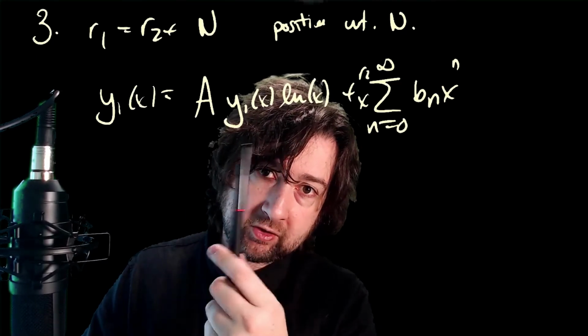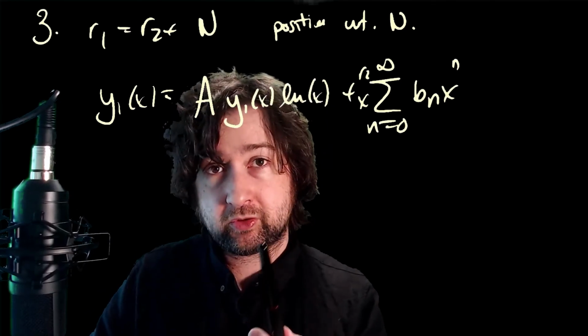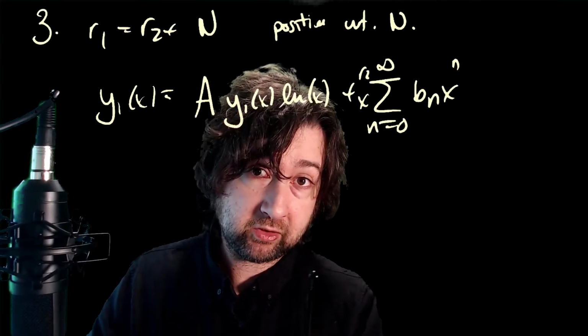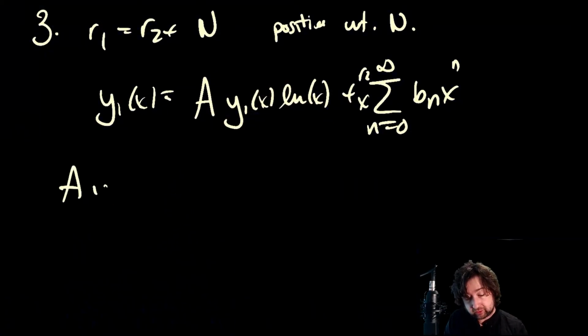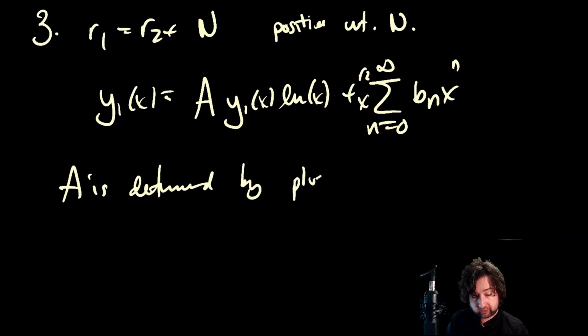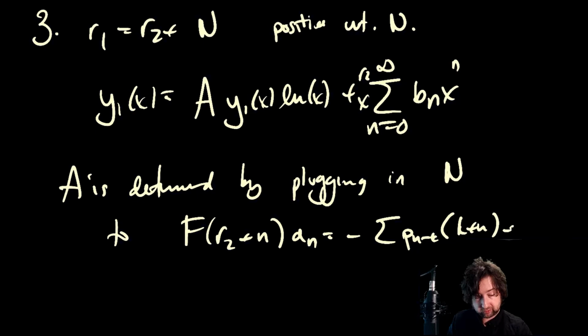You can figure out if this part of the solution is here or not by plugging capital N into the recursion and seeing if you get a consistent equation or an inconsistent one. So A is determined by plugging in capital N to f of r2 plus n, an is equal to minus the sum of pn minus k, k plus n plus qn minus k, ak.